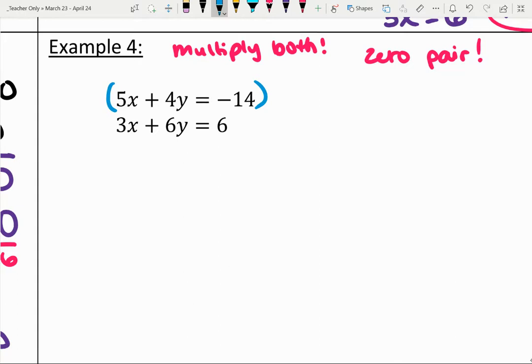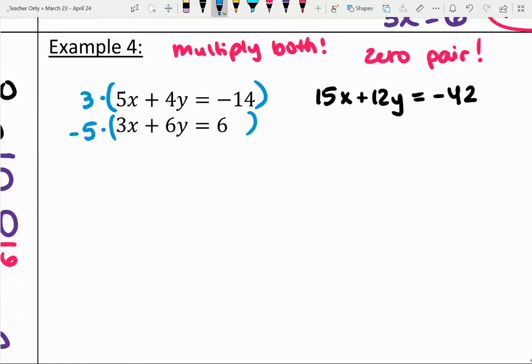So I'm going to multiply my top equation by 3. That will give me 15x plus 12y is equal to -42. I just multiply everything there by 3. Now, to make my 0 pair, I want this 3x not to be 15x, but I want it to be -15x.